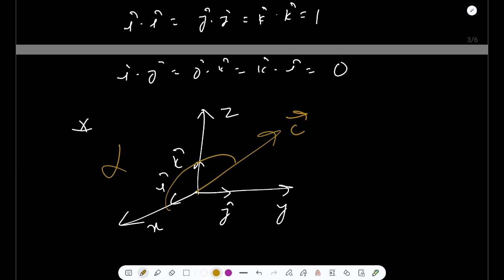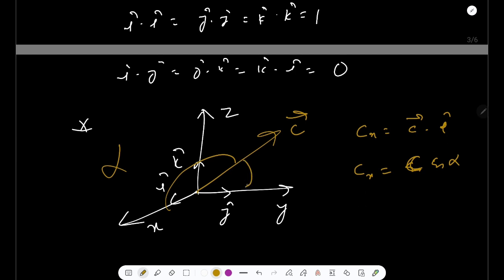So you can always write the x component of vector C as C dot unit vector i, because if the vector C makes an angle alpha with the x-axis, the x component of vector C will be C cos alpha, and C dot i is also C cos alpha.